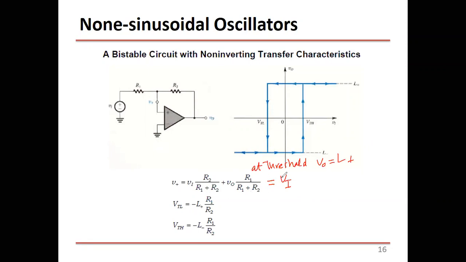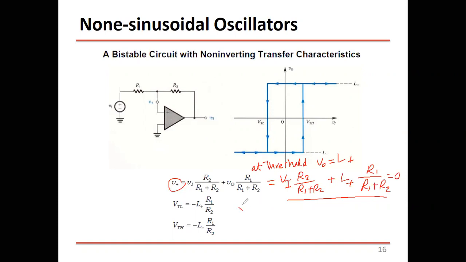So this is V input times R2 over R1 plus R2, plus L plus times R1 over R1 plus R2. You agree with this? Yes. And at the transition, V plus has to be 0, right? Correct. Okay, so if you substitute V plus with 0, you have these two terms added equals 0, right? Correct.